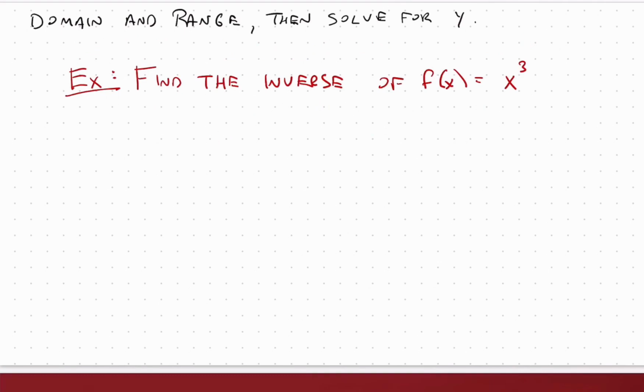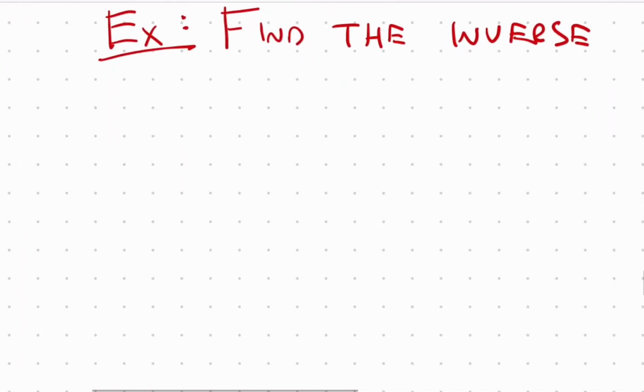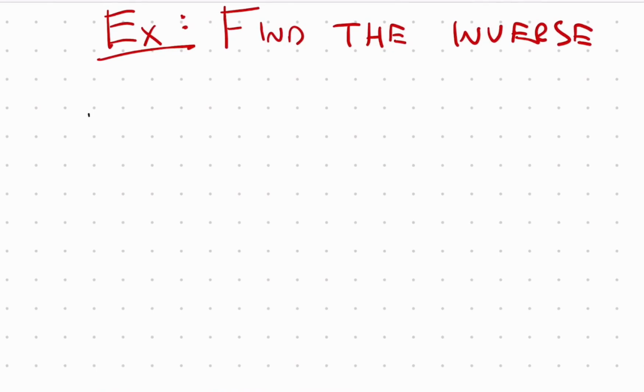For example, we could find the inverse of f of x equals x cubed by first replacing the f of x with a y. So we'd have y is equal to x cubed. We swap the variables, put an x where the y was, and then put y's where the x's were. Now we solve for y.